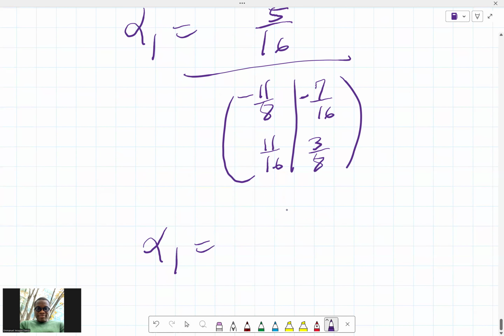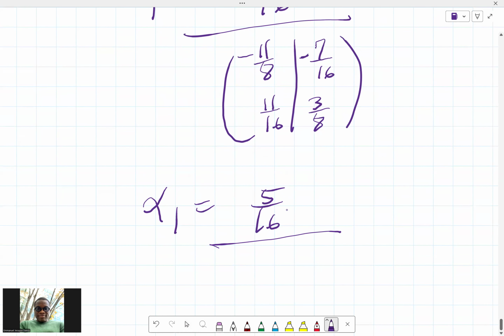So alpha 1 is 5 over 16 at the top. And down here we have 77 over 8 times 8 is 64. 64 times 2 is 128. So we have 77 all over 128 plus 33 all over 128. Okay.